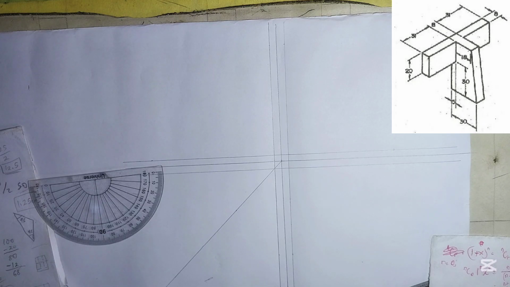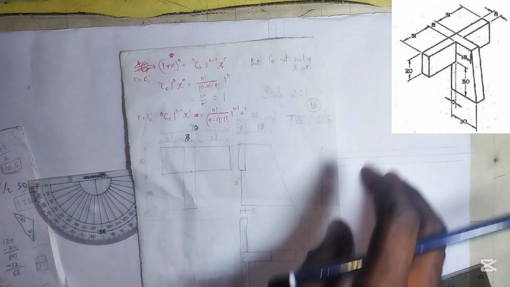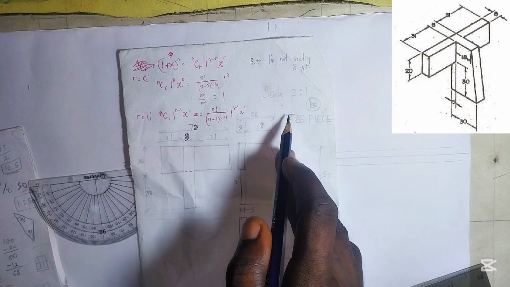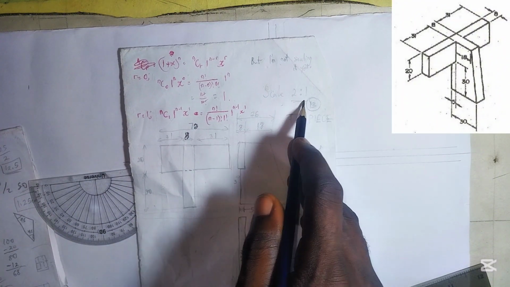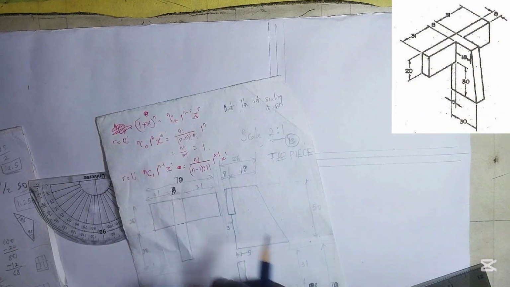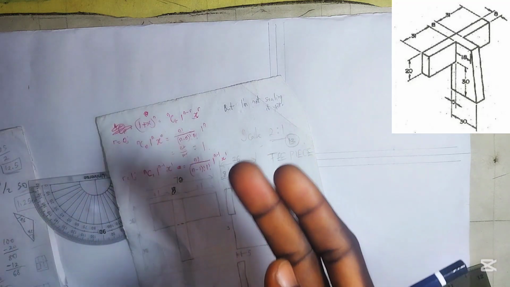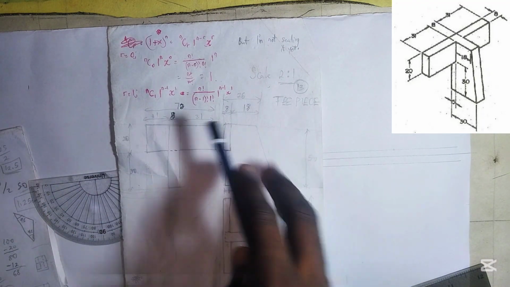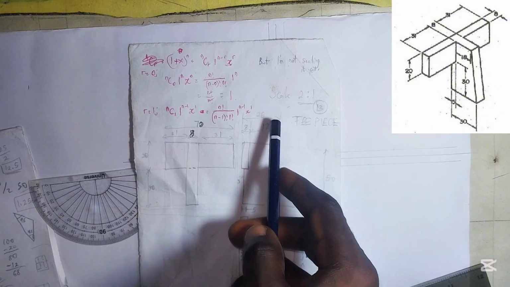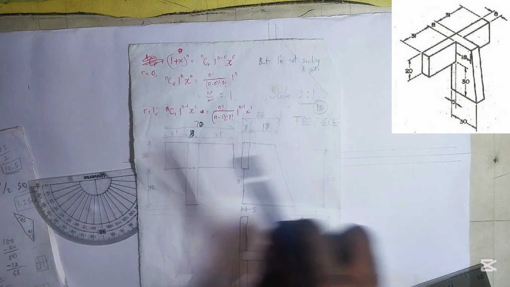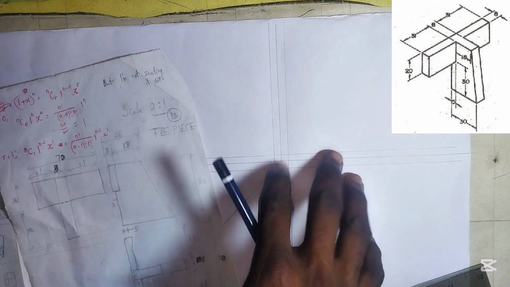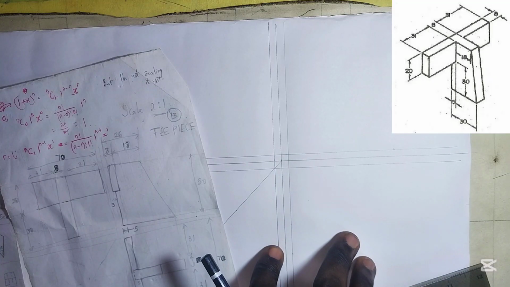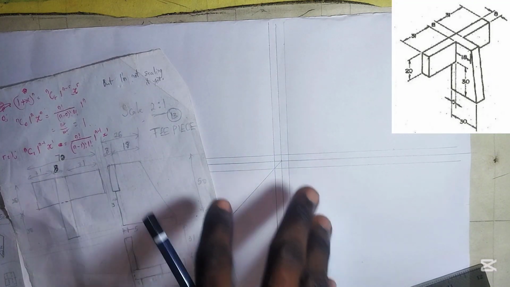Now, normally in the question, we are asked to make use of a scale of 2 to 1. Using scale 2 to 1 means you have to increase all dimensions by 2. For this place, where it is 15, that will be 30. Where it is 26, that will be 52. But for this construction I'm doing here, I'm not scaling it. I'm drawing the diagram as I am given.